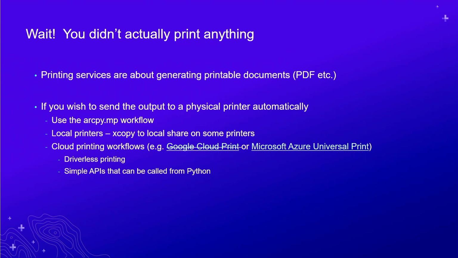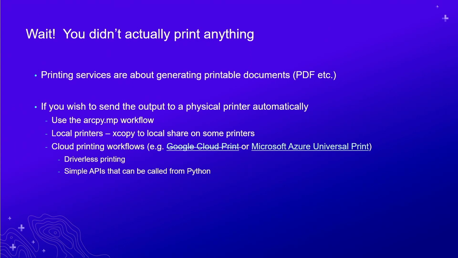If you just have a local printer, say a large format printer, parked in your hallway in your office, chances are you might be able to just copy the PDF to that printer's address on your local, say, Windows network, sort of an Xcopy workflow, and it will pick up that PDF and print it. Obviously, that's something you want to test, but a lot of these printers have onboard capabilities for handling PDFs directly these days, and you could have that work automatically.